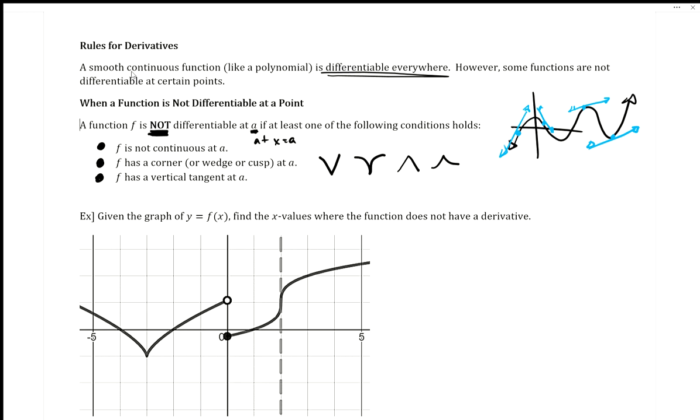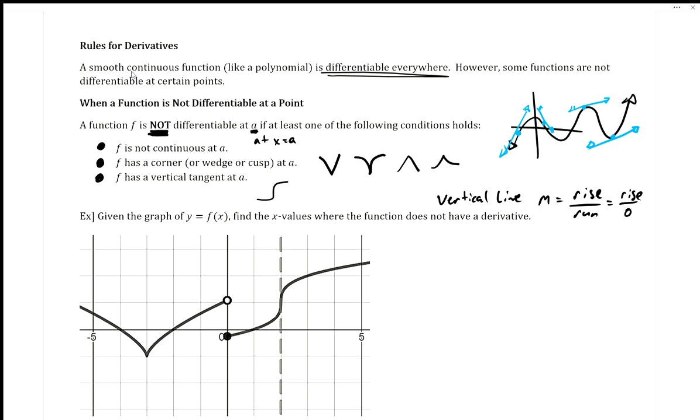If our graph goes vertical for a second like that, then we're not going to have a slope. That's based on this: remember, with a vertical line we would still do rise over run to try to figure out the slope. Well, a vertical line has a run of 0.